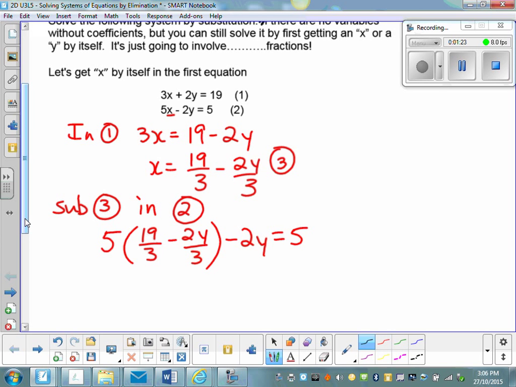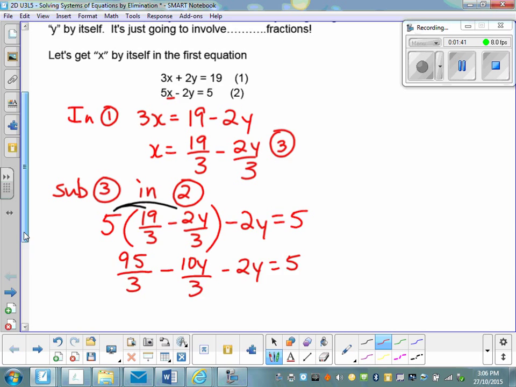So at this point we need to multiply the 5 inside the bracket to clear the bracket. So 5 times 19 is going to give me 95 over 3 minus 10y over 3. And then we just have the minus 2y equals 5.